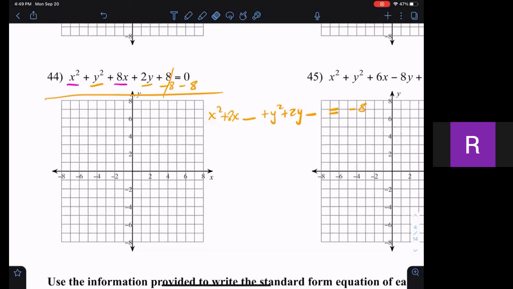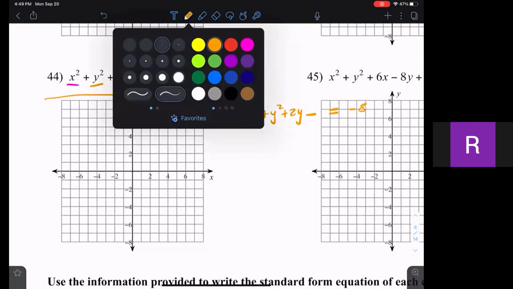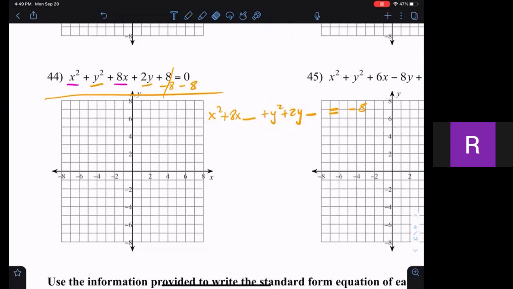So now you need to complete the square. So remember this is b over 2 squared equals c. So b is 8, over 2 squared equals c. That's going to be 4 and squared, that's 16.